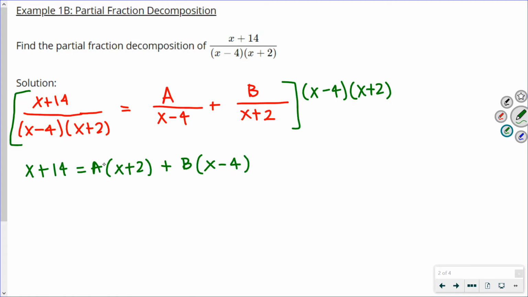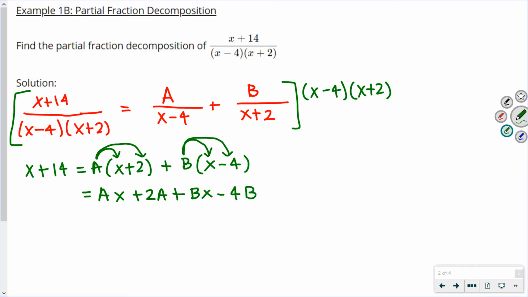The next thing I want to do is distribute my A and my B, because what we want to do is collect all our terms that have x's and collect all our terms that don't have x's. So once we do this, we get Ax plus 2A plus Bx minus 4B.